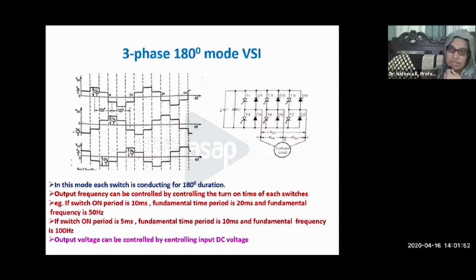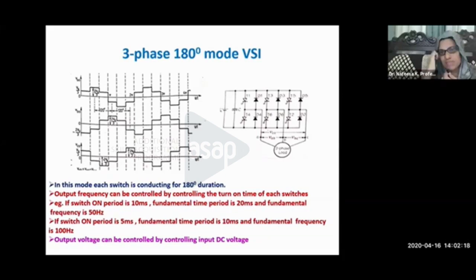That means in this period, if you are varying the frequency, here we have varied the frequency, but in speed control applications below synchronous speed, you need to vary the voltage also in order to maintain the V by F ratio constant. In that case, if you are using this VSI, you need to change the voltage also according to the frequency variation.